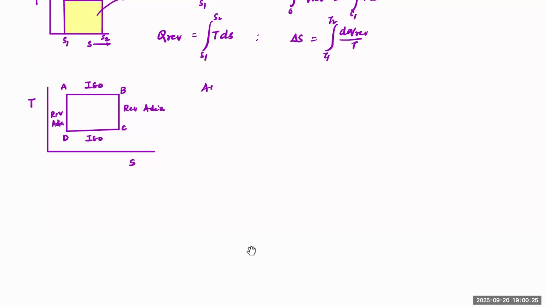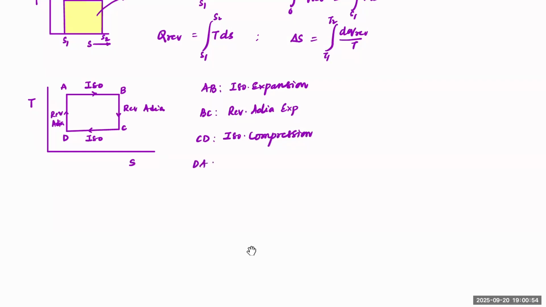And to be precise, A to B is actually isothermal expansion. B to C is reversible adiabatic expansion, because in expansion only temperature will decrease. C to D is basically isothermal compression.